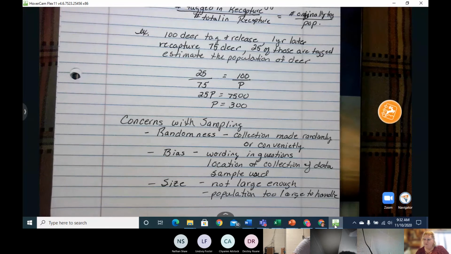So what are things that we can do to help battle those concerns? It's how you collect your data.